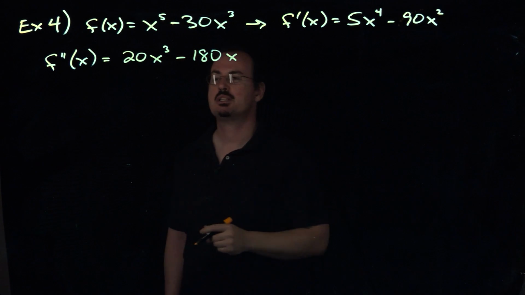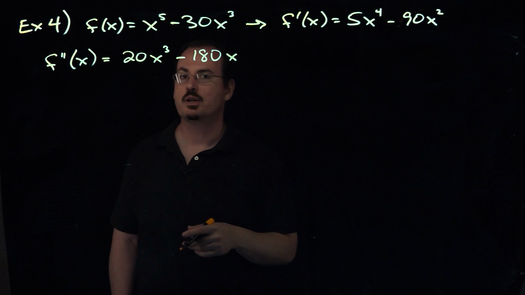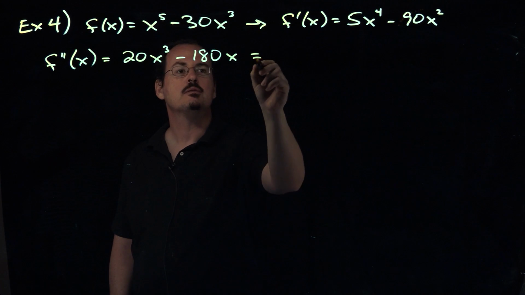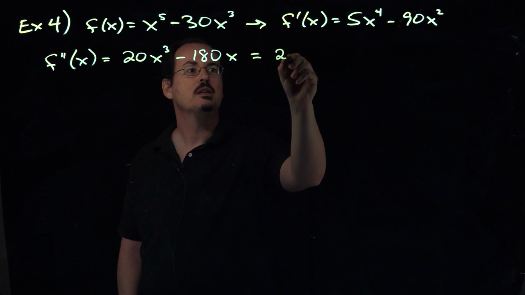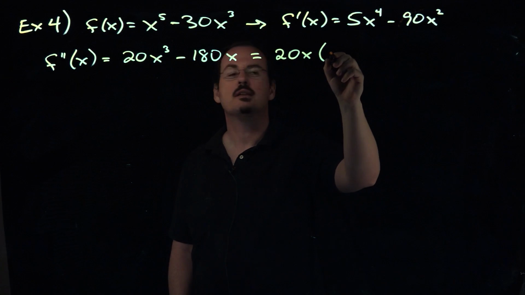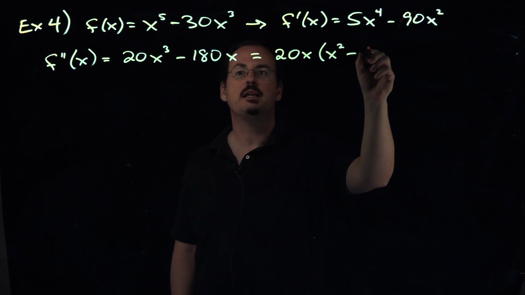Now we're going to do pretty much everything that we had done with the first derivative in the previous section, now with the second derivative. So that means we set it to 0, but before we do that, let's factor this a little bit. We can factor out a 20x, and that'll leave us with x squared minus 9.